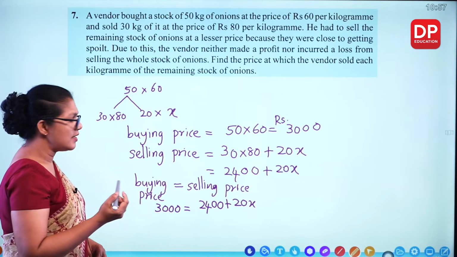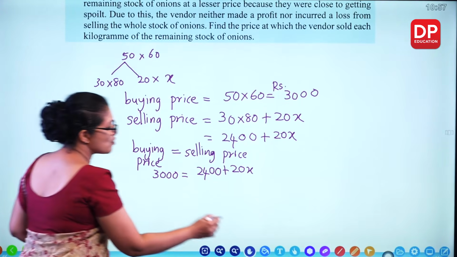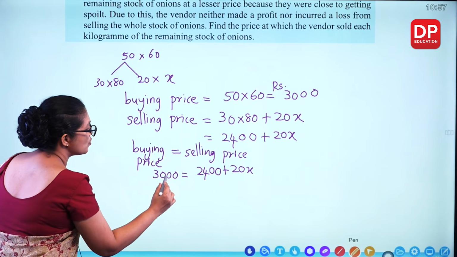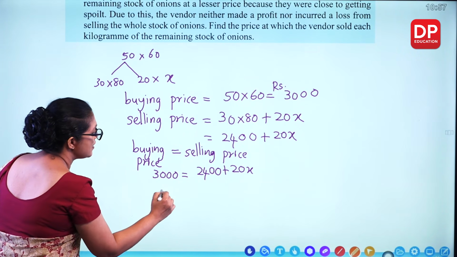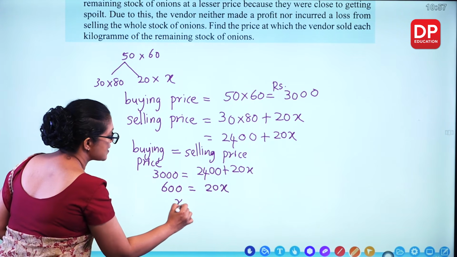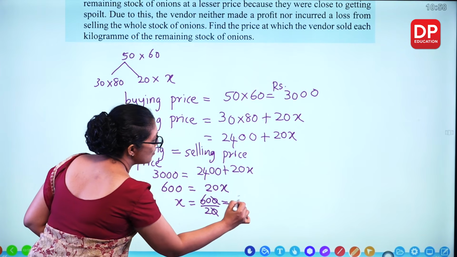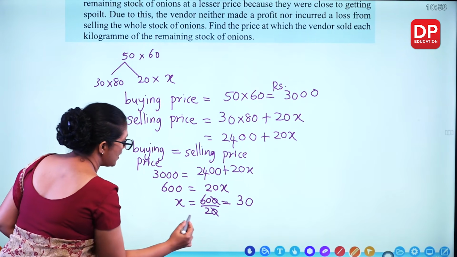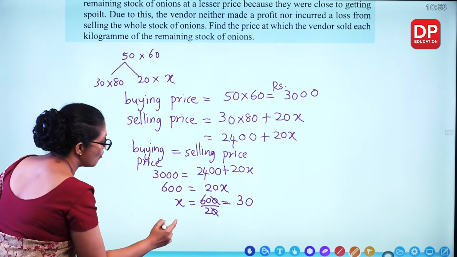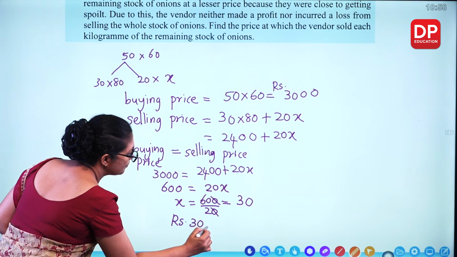Now this is an equation we can solve. So we'll take away 2,400 from both sides. You get 3,000 minus 2,400, that's 600, is equal to 20x. So what's x? 600 divided by 20, you get 30 rupees. So what's the price of 1 kilo of onion? 30 rupees.